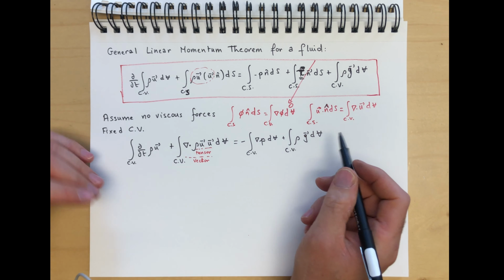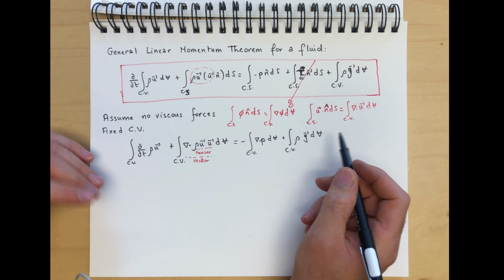So if you move everything to the left hand side, for example, integrand equal to 0, so that partial rho u by partial t plus div rho u u is equal to minus grad p plus rho g. And that is the general inviscid flow equation, or Euler's equation.